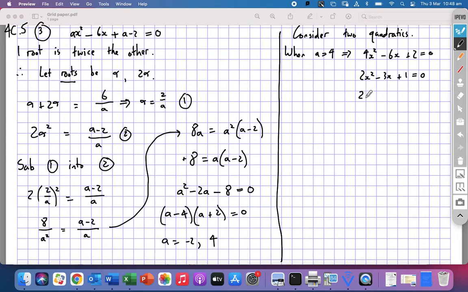Just thinking by inspection here, we've got to have minuses, and that's got to be a 1. I'll just double check: 2x times x is 2x squared, we get a minus 2x, we get a minus x is minus. Yep, so that's right.